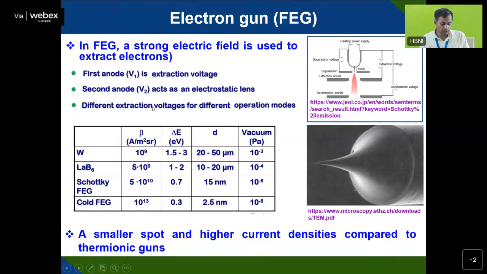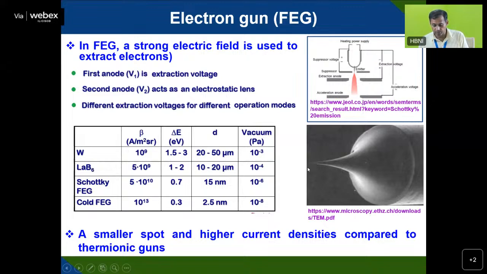You can see here the tungsten, how the resolution is, the energy is 1.5 to 3, and the brightness in tungsten is 10 to the power 9, whereas for lab-6 it is again 10 to the power 9. But if you go for the cold FEG, you get 10 to the power 13, that high emission brightness.